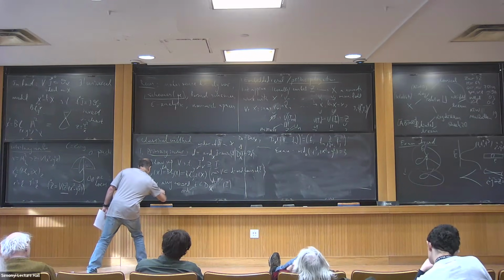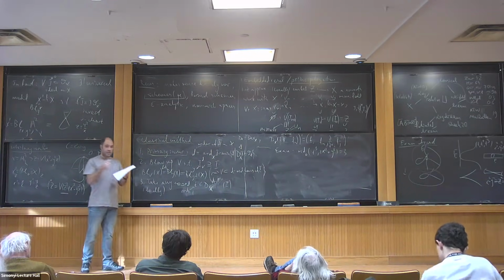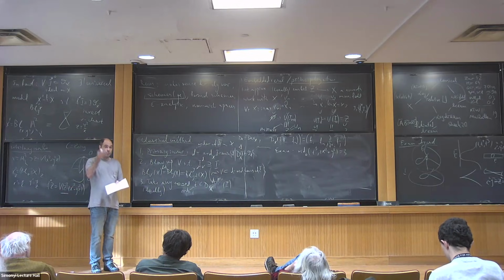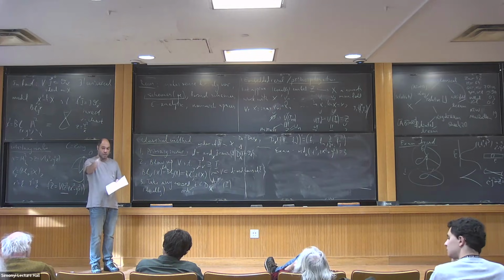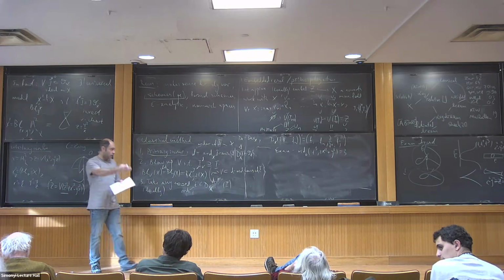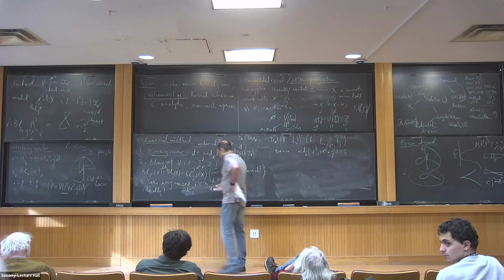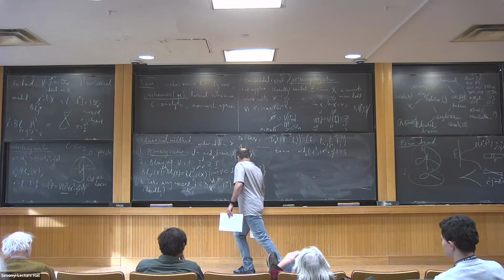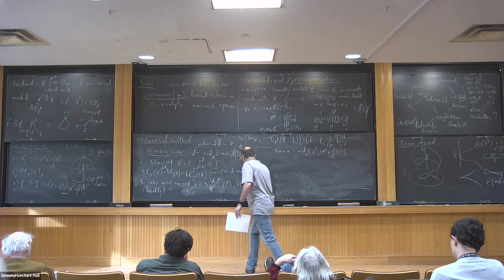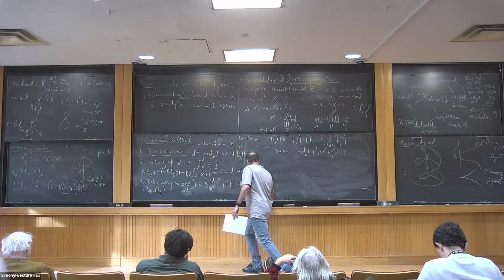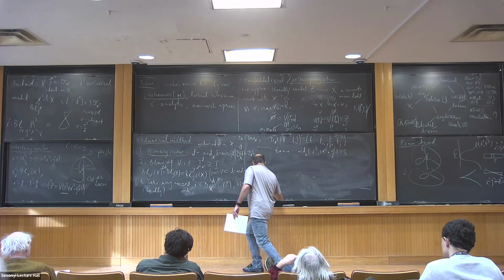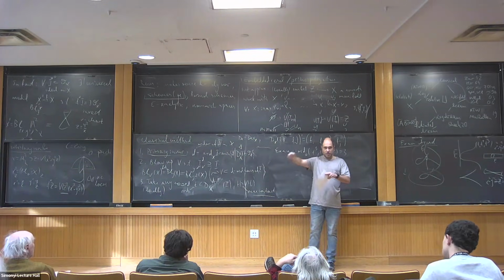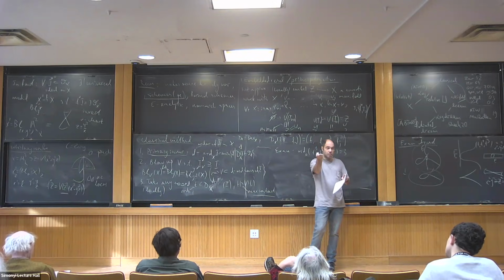I'll write locally. At any point where the order is D, after deriving D minus 1 times, I get to an ideal of order 1. So there is an element of order 1. Now, this element defines a hyperplane. I'll denote V(T), and both the element and H are called maximal contact. So you should think about this as a hyperplane which has maximal contact with the singularity. It's the best possible approximation of the singularity with something smooth. Okay?